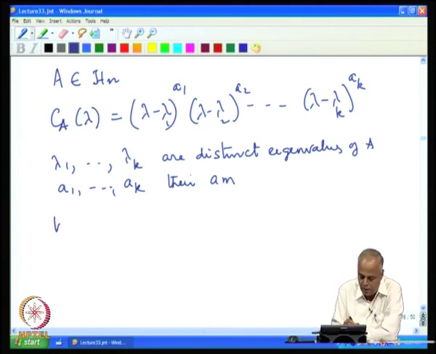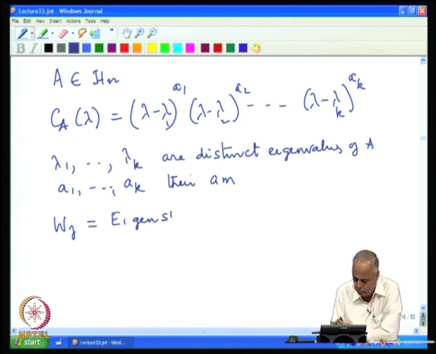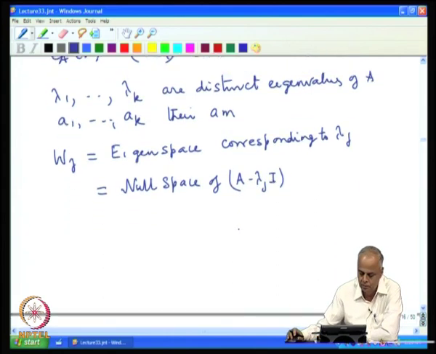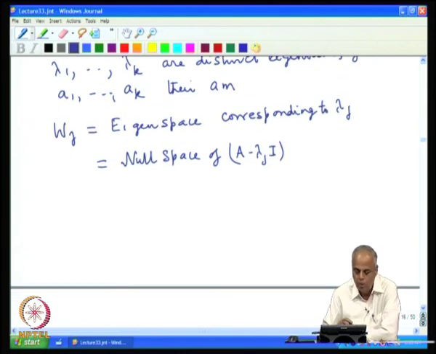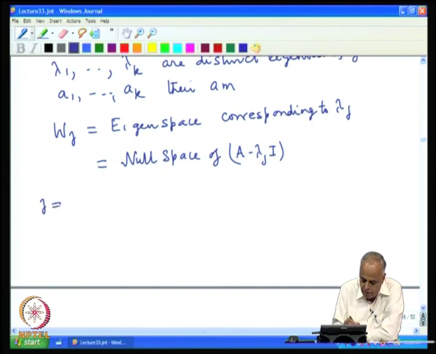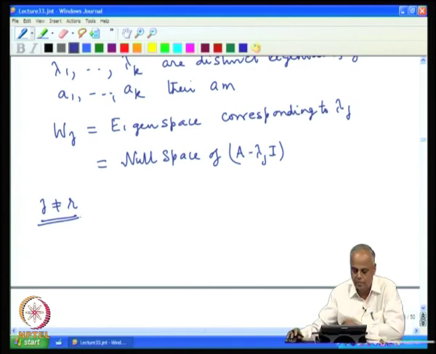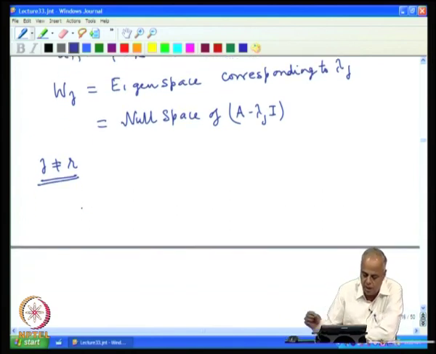Now, correspondingly we have the eigenspace W j corresponding to eigenvalue lambda j. What is that? That is just the null space of A minus lambda j I. Now, let us consider j not equal to r, that is we are considering two different eigenvalues lambda j, lambda r.